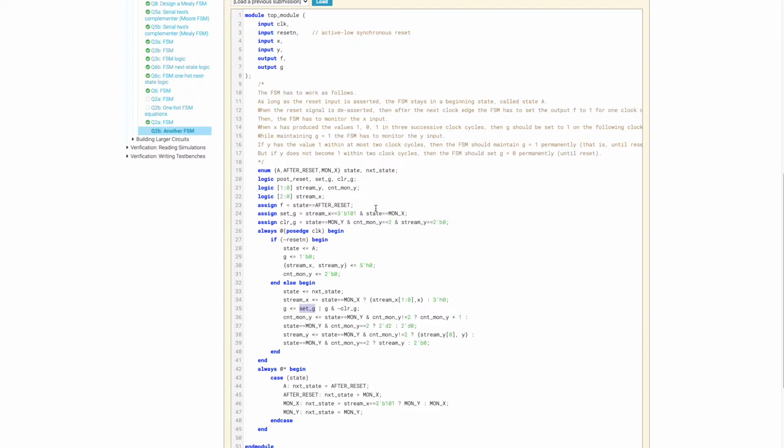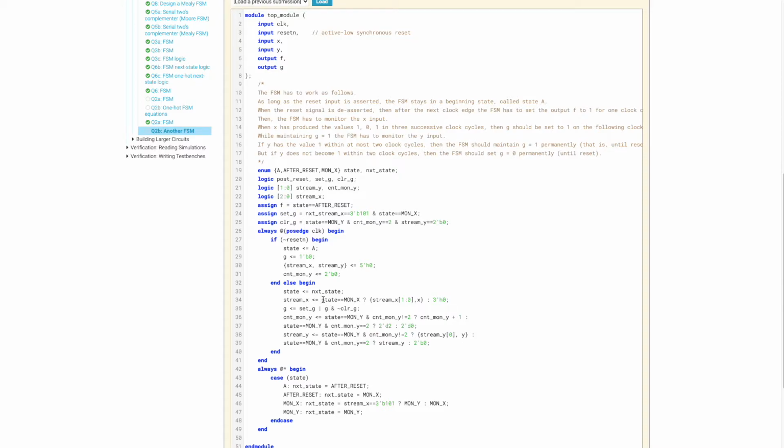Actually this, right, because if I insert a 1 here, then this is the following cycle, and then this would be 2 cycles after.